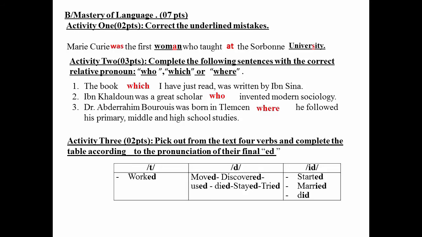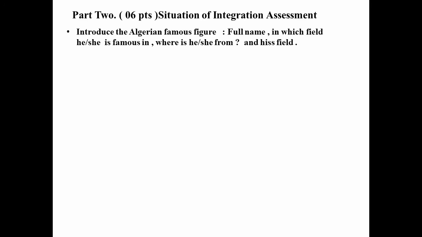Now we move to part 2 of the exam. In part 2 of the exam, you were asked to write about a famous Algerian figure, okay? And in Algeria, there are so many famous personalities.